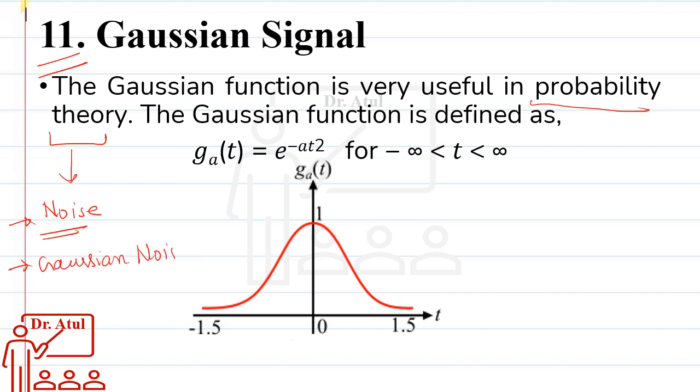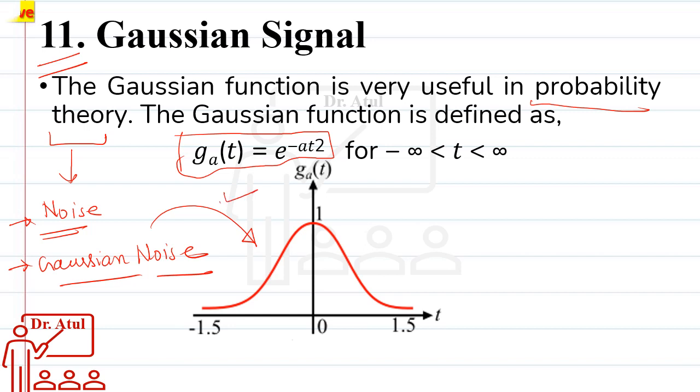Many times Gaussian noise comes in the channel, so the analysis of noise is done with the help of this Gaussian signal. It is represented by e to the power minus a t square, for minus infinity to infinity, and for minus 1.5 to plus 1.5 it goes to maximum 1, and then again it reduces. It never touches the x-axis.